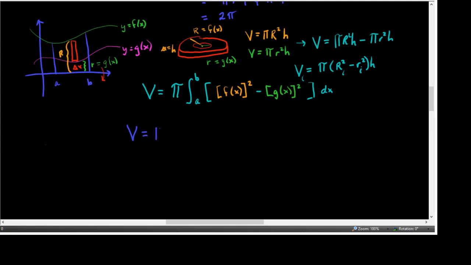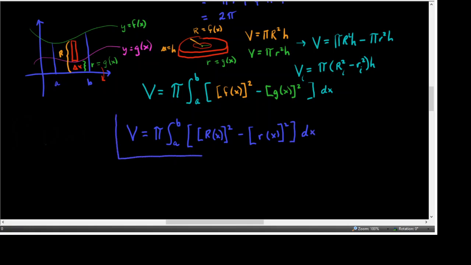So more generically, this will be pi times the integral from a to b of the outer radius, big R of x, squared minus the inner radius, little r of x, squared dx. And again, that's the formula for the washer method.